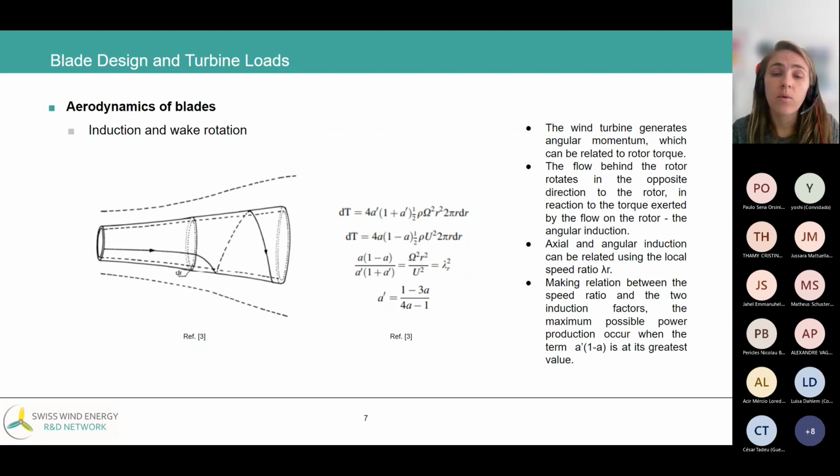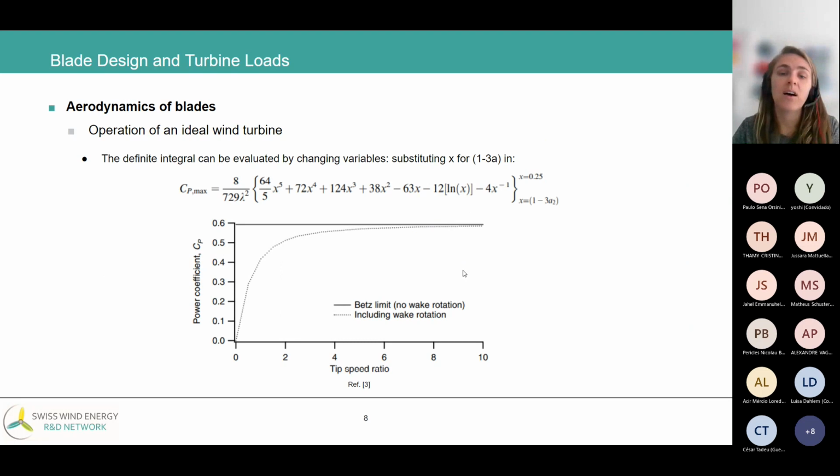Once we make a relation between the actual induction and the angular induction using the local speed ratio, we can maximize the power production and make a relation between these two inductions. And then here, finally, is this equation that gives the angular induction for the maximum power production.